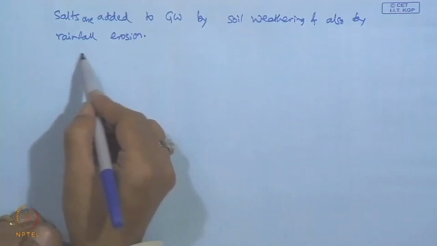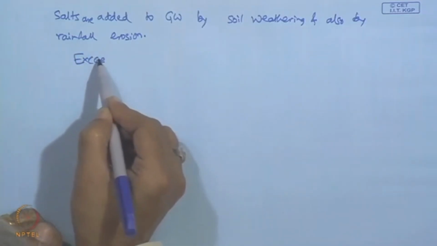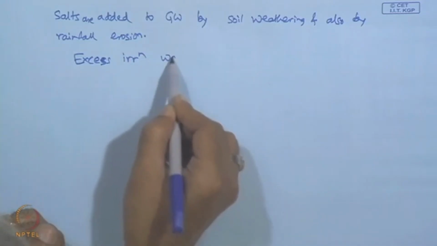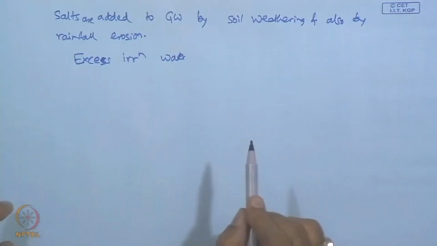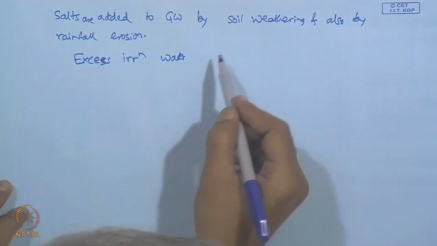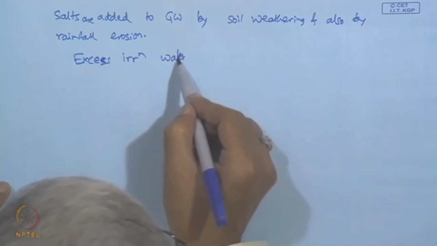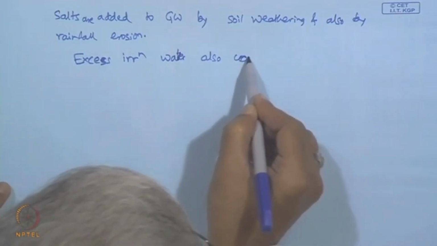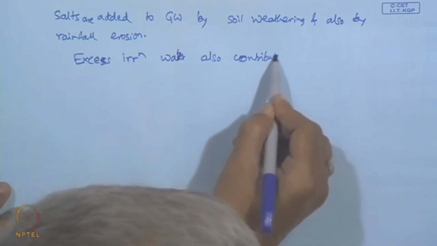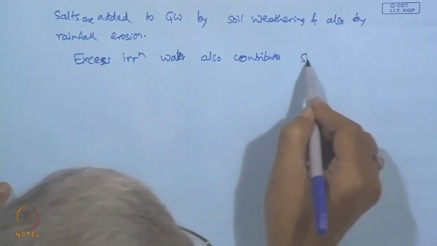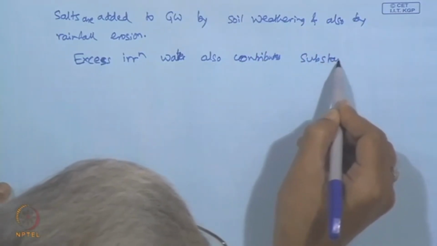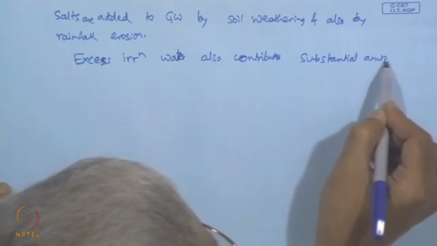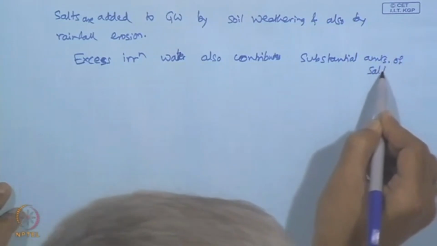So this excess irrigation water contributes substantial amounts of salts.